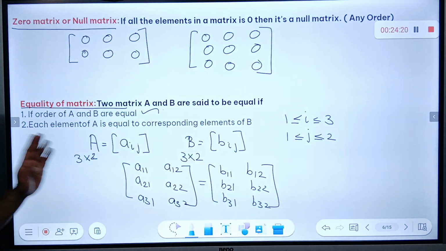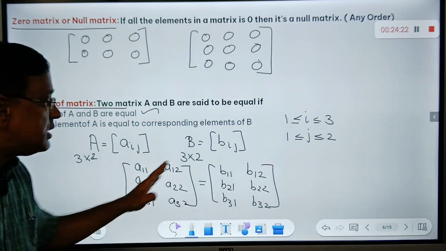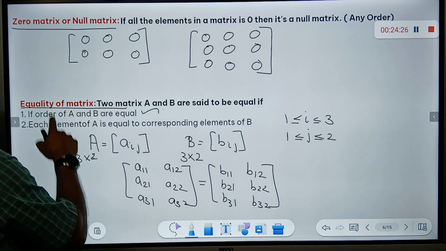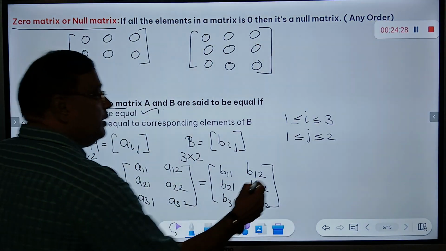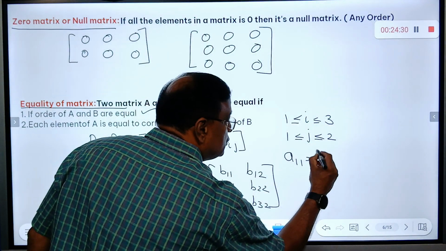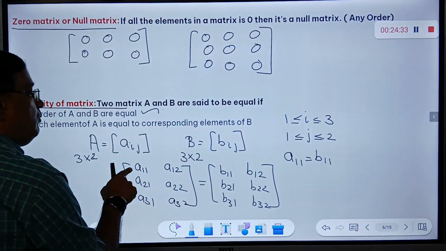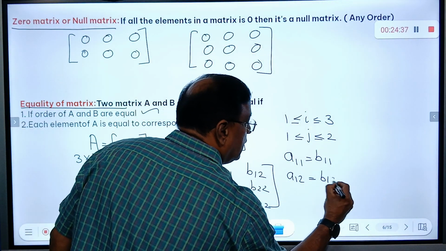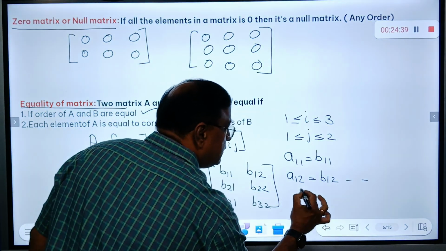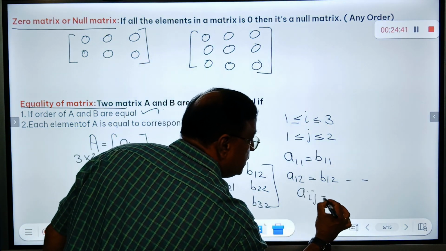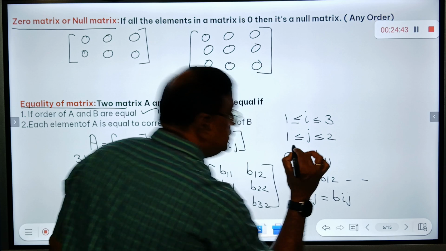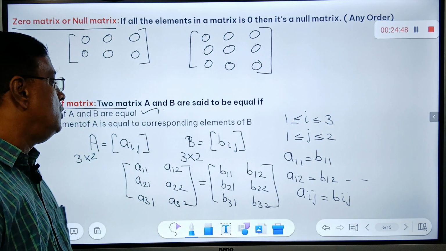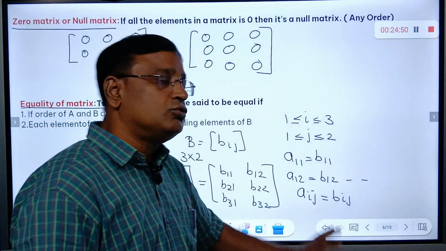You can see clearly both matrices are of the same order. And if you want the matrices to be equal, then the corresponding elements should also be equal. A11 should be equal to B11, A12 should be equal to B12, and so on. In general, Aij should be equal to Bij. So these are some of the basics that you should know.